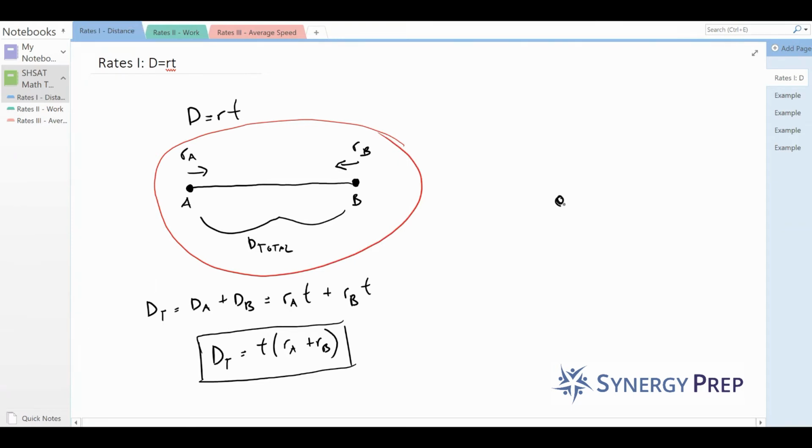The same can apply to two objects that are starting in the same spot but are moving in opposite directions. Now if you notice, RA, RB, they're essentially the same thing, and of course the distance between the two will be equal to the distance that each of them moved added together. Let's look at a couple of examples.